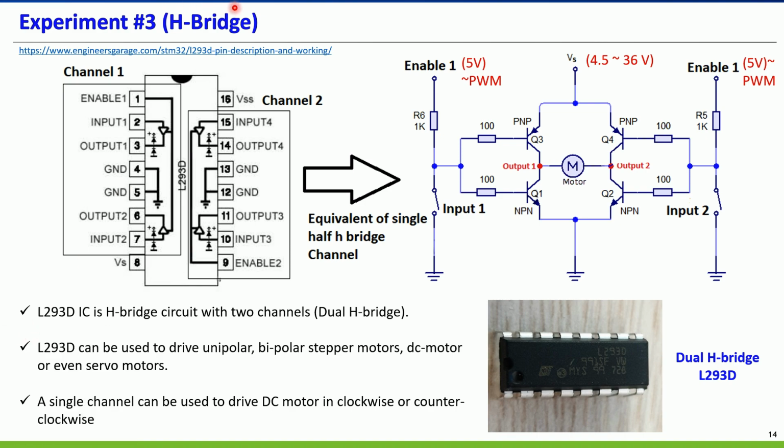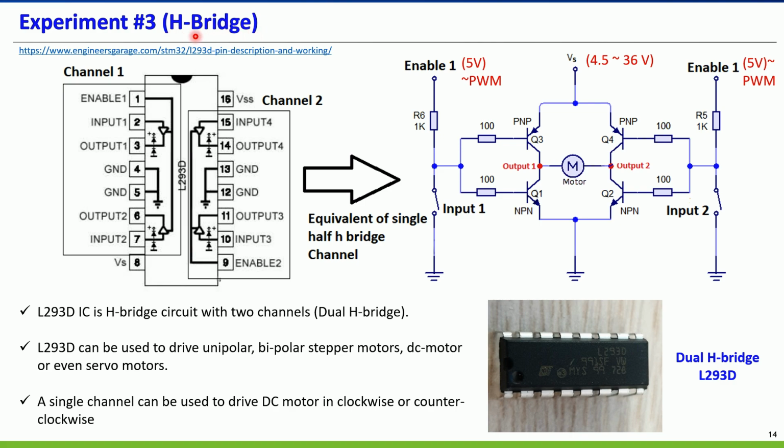Previously, we just drove the DC motor in an inappropriate way. This one is the appropriate way. Properly, we usually drive the DC motor using an H-bridge. Previously, using PWM directly is actually not recommended. The best way is using an H-bridge.